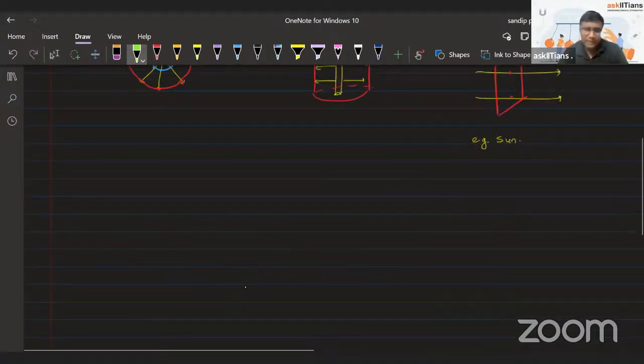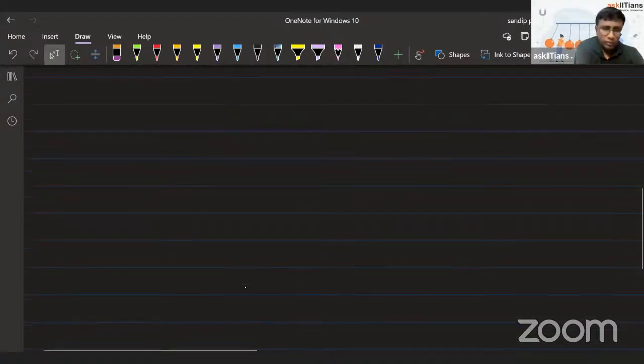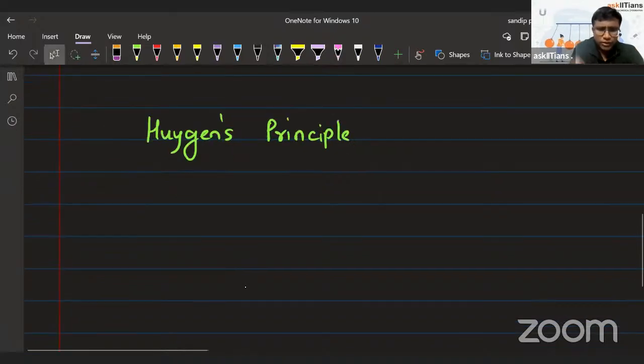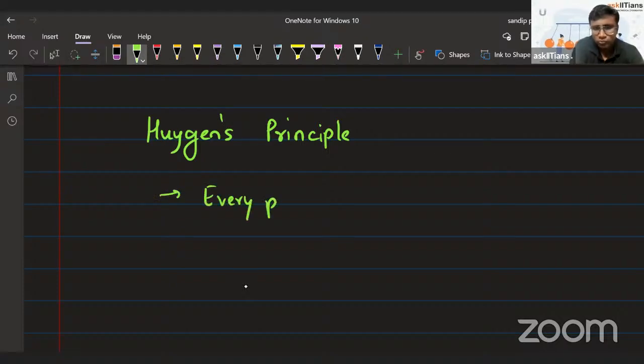Then the next part we need to remember is Huygens principle. So Huygens principle says that every point on, let's say, the primary wavefront.